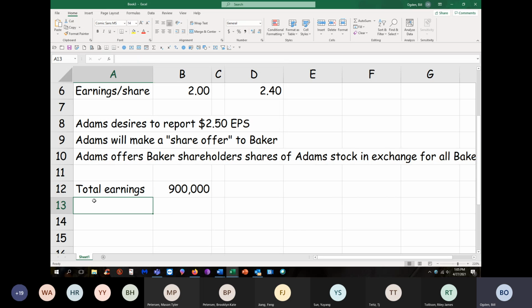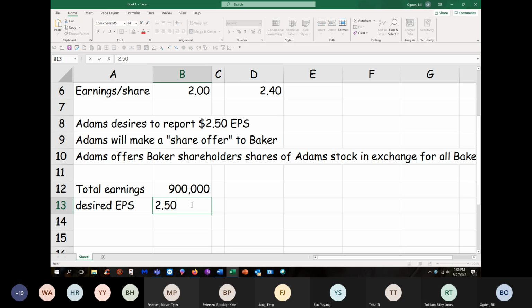All right, and what's our desired EPS? Our desired earnings per share? Well, it says 250, so let's work with 250. And let's have that zero back, please, Excel. All right, so this implies how many shares do we need?